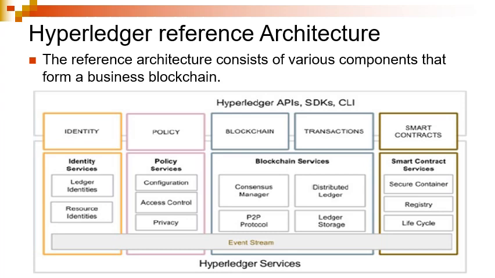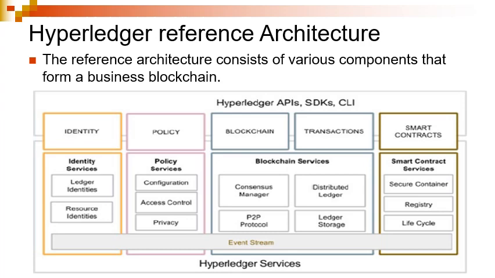We know that for forming a blockchain we need the peer-to-peer network, then the consensus mechanism, then we need the distributed ledger to store the blocks in the blockchain, and ledger storage. Ledger storage is to store the ledger. So these are the blockchain services, 4 services: consensus manager, distributed ledger, peer-to-peer network, and ledger storage.